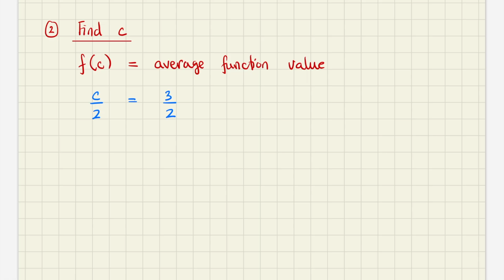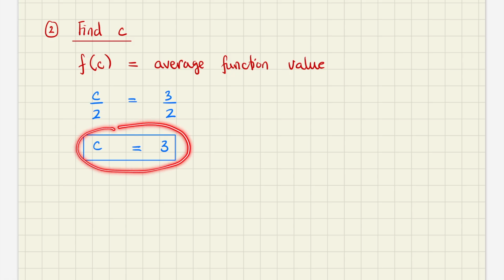And to find c, I multiply both sides by 2. So I have c equals 3. So what does that mean? It means that when x equals 3, the function reaches its average value over the interval.